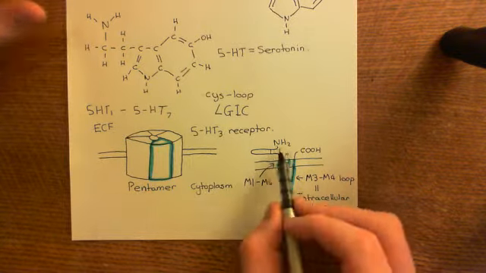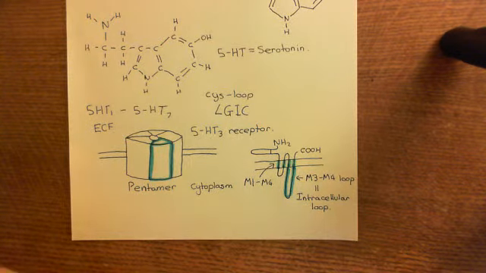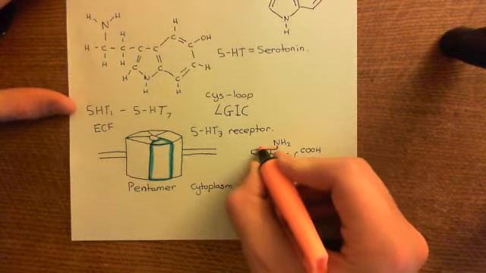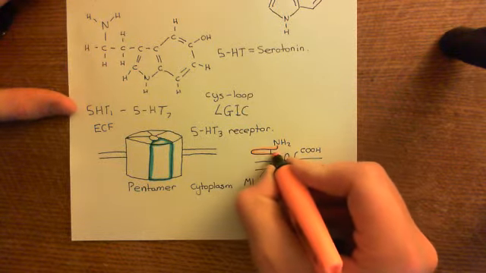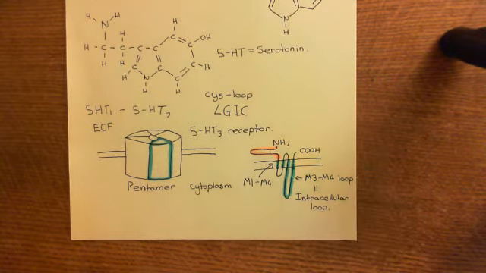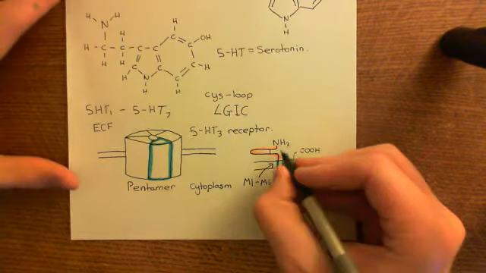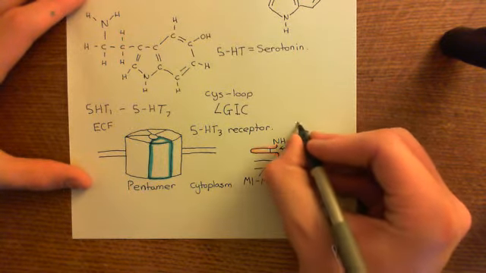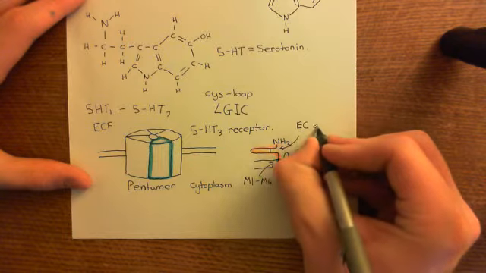Now, this large extracellular portion over here, and I've completely over-exaggerated this. The way I've drawn this, I've had the cis loop completely dominating the extracellular domain. So this entire orange bit here, this pre-M1 region, is the extracellular or EC domain.